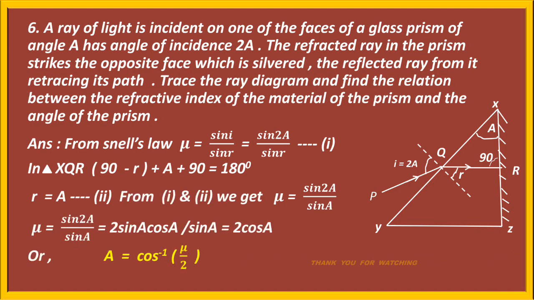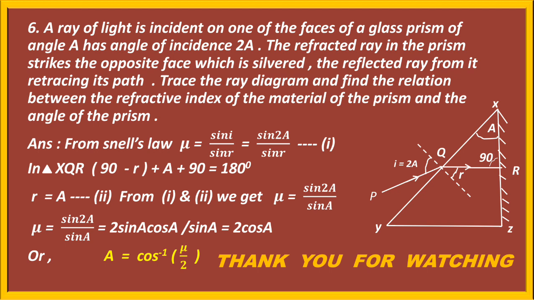Now question number 6, the last question. A ray of light is incident on one of the faces of a glass prism of angle A, with angle of incidence 2a. The refracted ray in the prism strikes the opposite face, which is silvered. The reflected ray from it retraces its path.